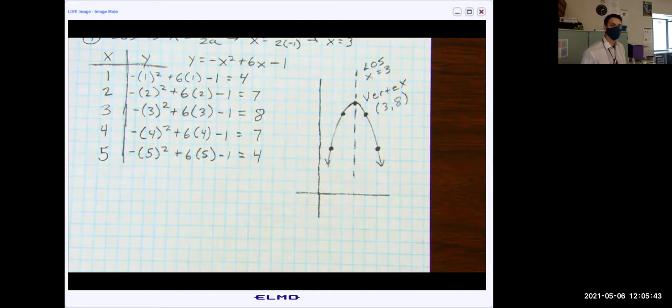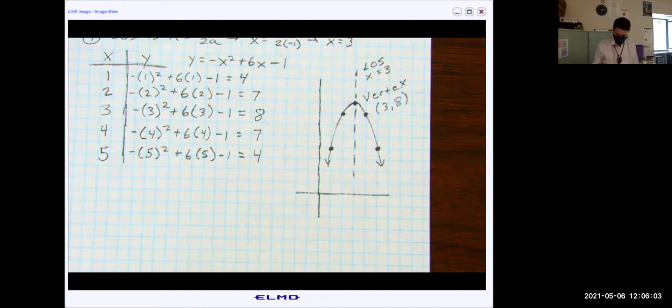Sometimes you can guess and check really quickly and get it right. Other times you need to plug in some points and get your graph. Yeah, this is definitely the most accurate way.